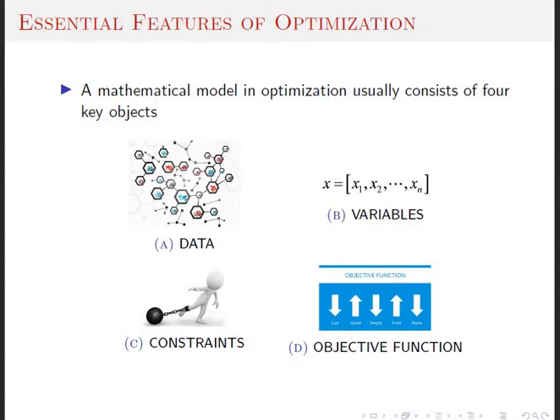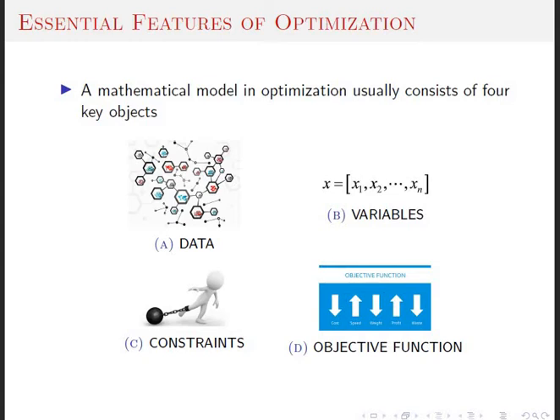A mathematical optimization model consists of four key objects. Firstly, data like cost, demand, or capacity, etc. Secondly, any system is described by a set of quantities viewed as variables. All quantities that can be treated as variables are called design variables or decision variables.